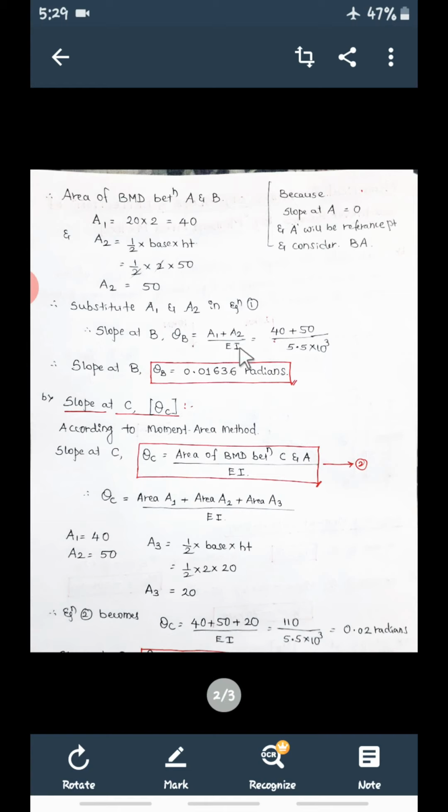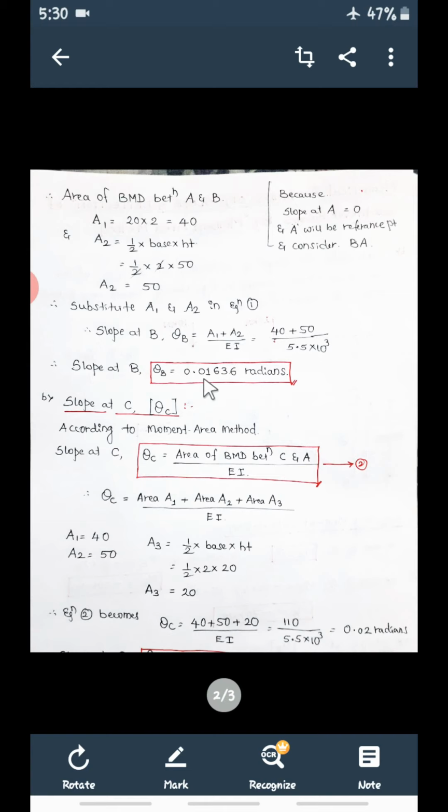Complete EI is given. So therefore theta B, slope at B, if you calculate this, we're going to get 0.01636 radians. Remember, slope means rotation. The rotation or slope will be in the form of radians. The unit of slope will be radians.